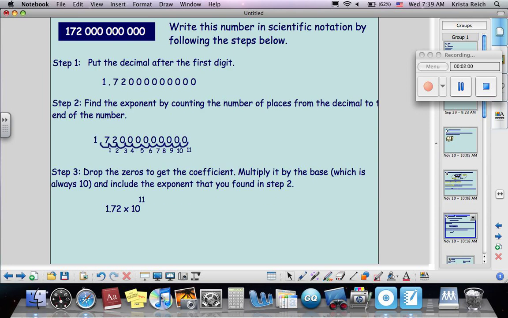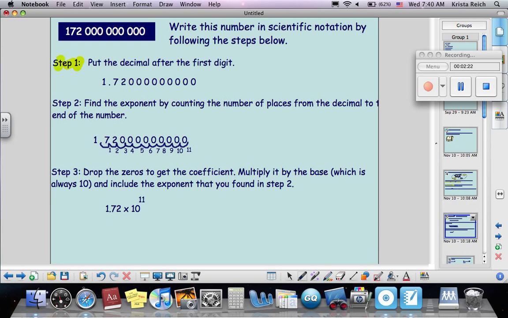All right, so step 1 in scientific notation. Remember, the purpose of scientific notation is we have these really, really big numbers, and we want to find a way to write them so that they're not so big. It's kind of like a shorthand of writing really big numbers.